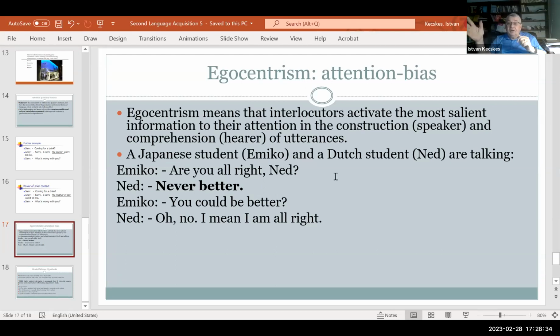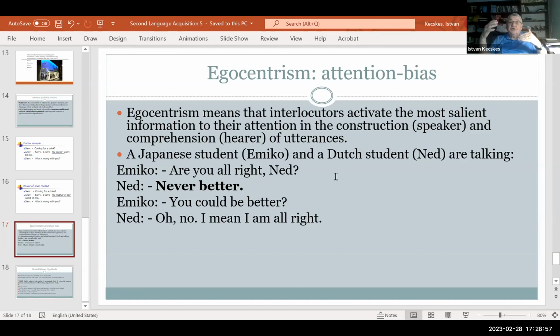So what's going on here? Nad uses an expression that is basically not very usual. It is not necessarily frequently used when someone asks you, "Are you all right?" So Amiko is confused because she doesn't understand very well what Nad means by that.